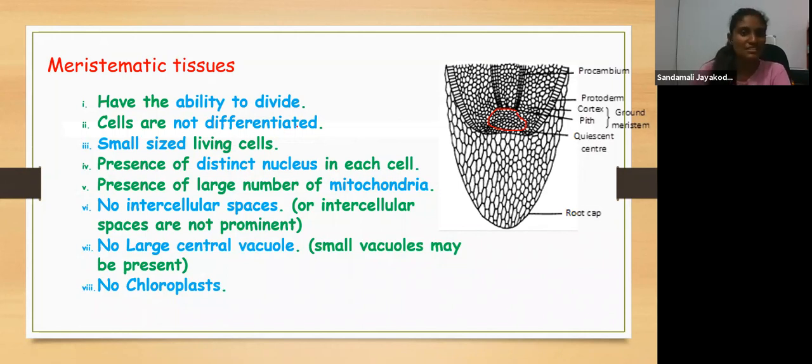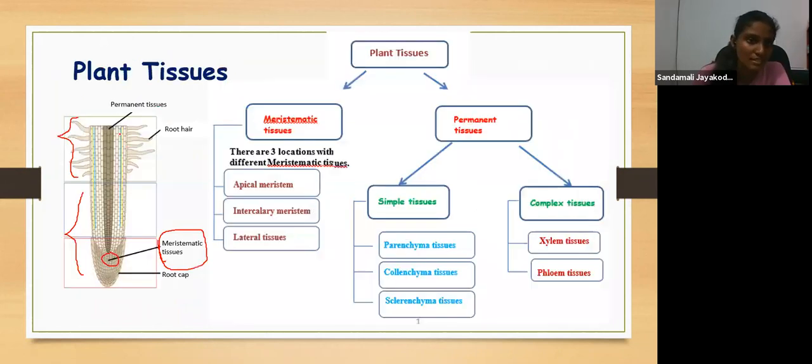And then these cells are not differentiated. The meaning of that is, in this image you can see a blue strip and a yellow strip. They are xylem tissues and phloem tissues, performing different functions, and this root hair cell is performing another function.